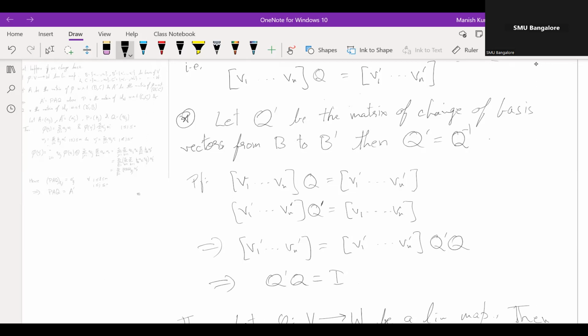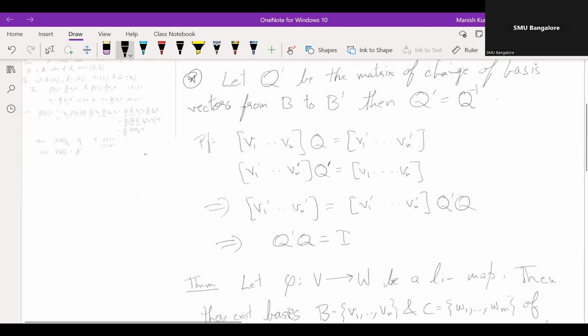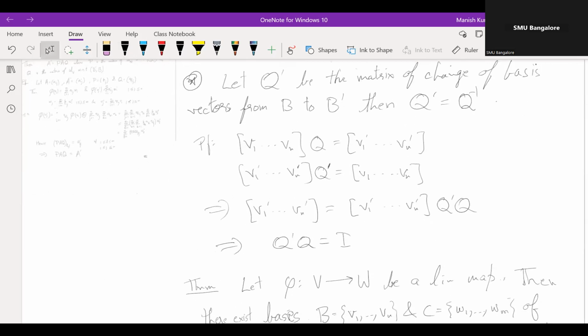So you replace V1 to Vn by V1 prime to Vn prime times Q prime, and then you get that V1 prime to Vn prime is the same as V1 prime to Vn prime times Q prime times Q.